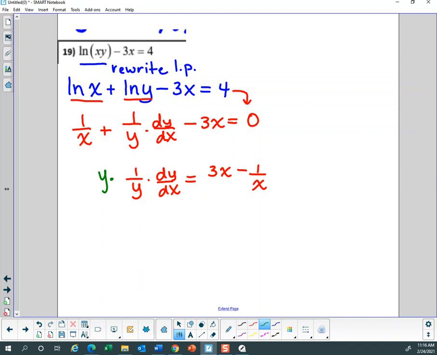So how about multiply by y, and dy dx will equal 3xy minus y over x. That's kind of a fun derivative.